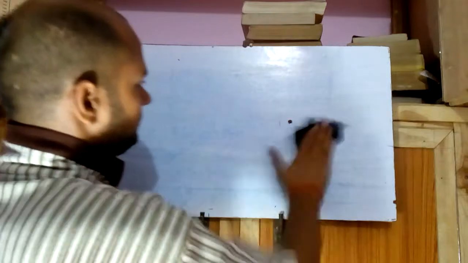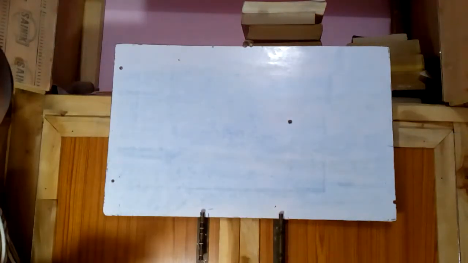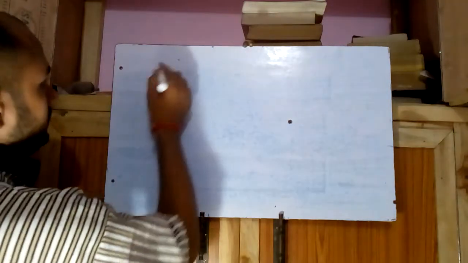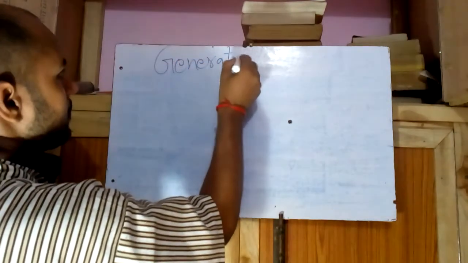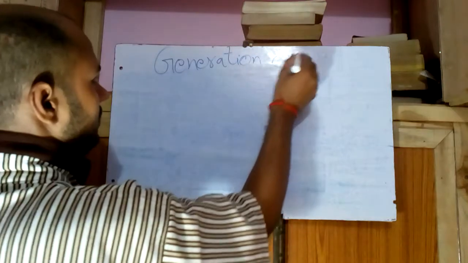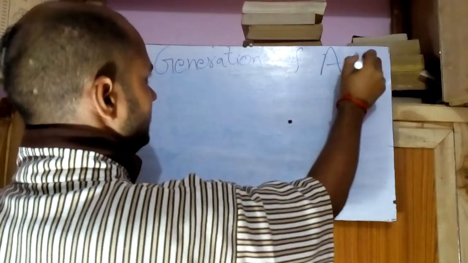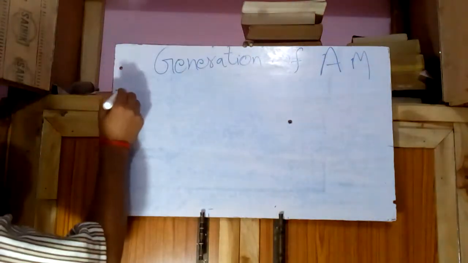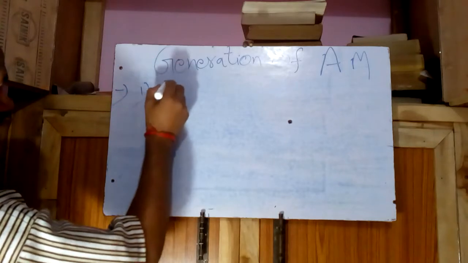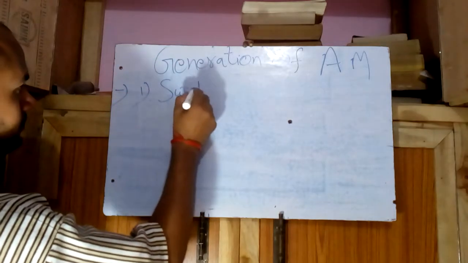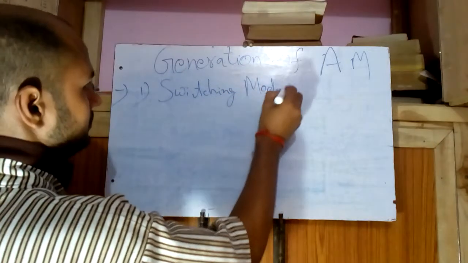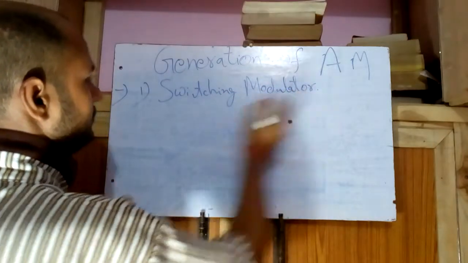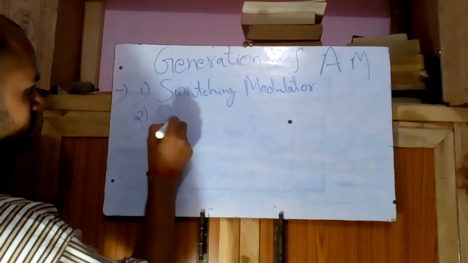Now we will see the generation of amplitude modulated signal. We have two methods. One is the switching modulator and the second is the square law modulator.